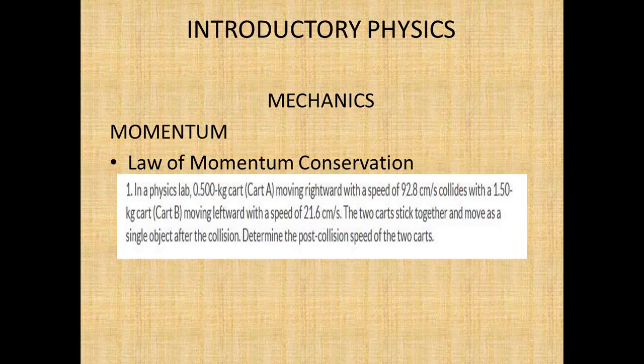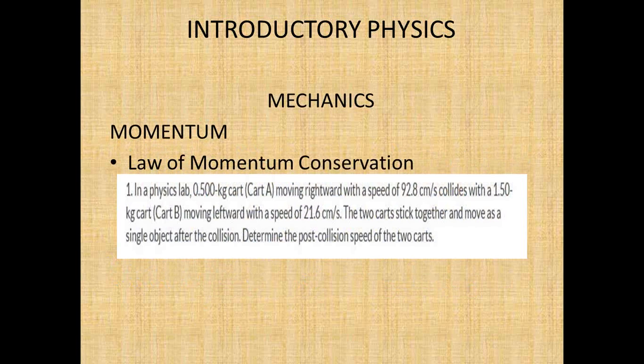So in a physics lab, a 0.5 kilogram cart moving rightward with a speed of 92.8 centimeters per second collides with a 1.5 kilogram cart moving leftward with a speed of 21.6 centimeters per second.